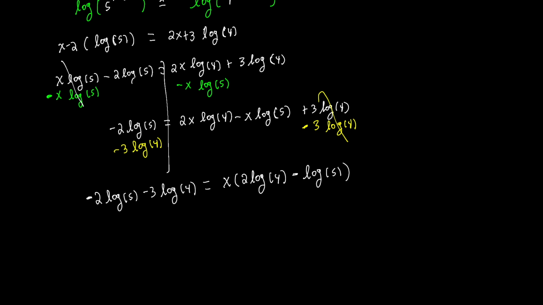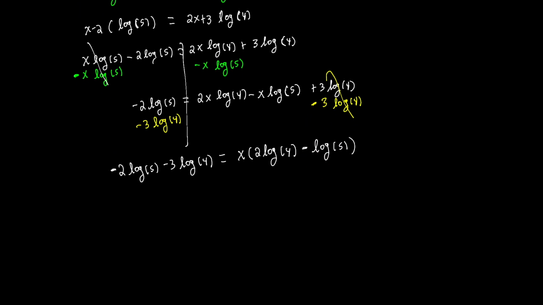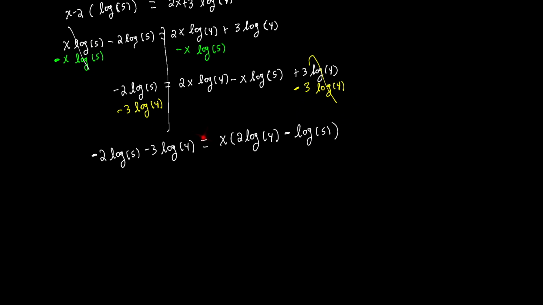I factored the GCF right here. So 2x log 4 and x log 5, the GCF would be x. So I'm factoring out the x. That's going to result in 2 log 4 minus log 5. Now I'm going to divide both sides by 2 log 4 minus log 5.